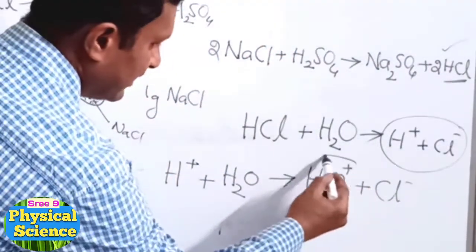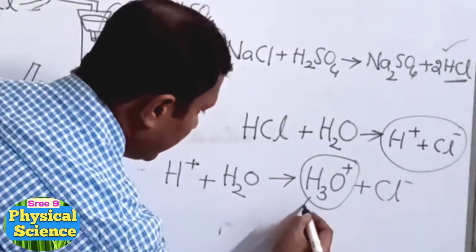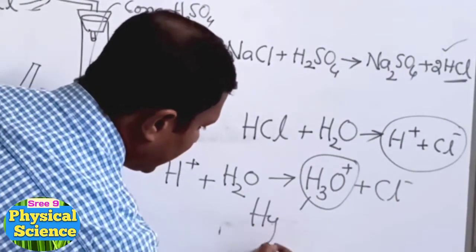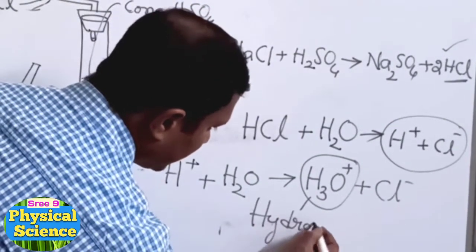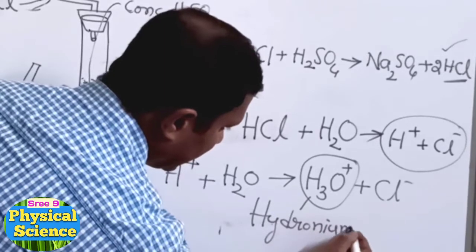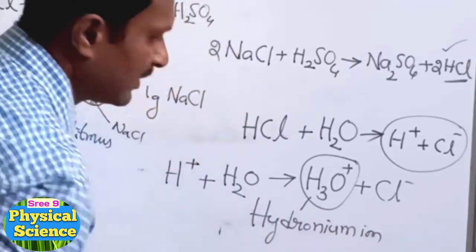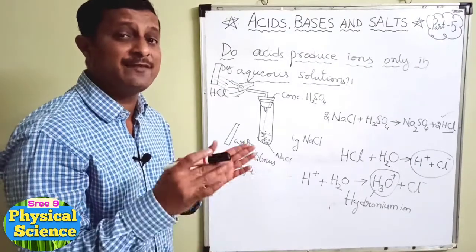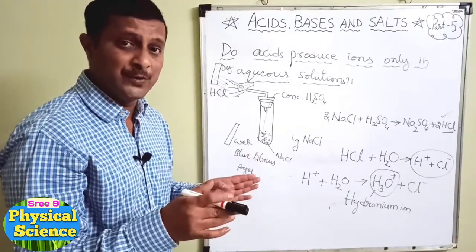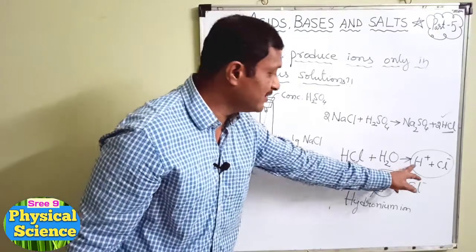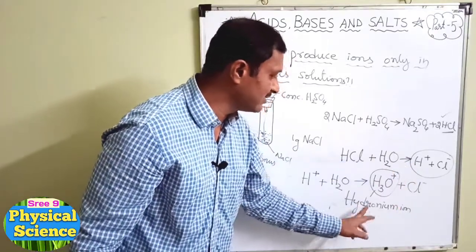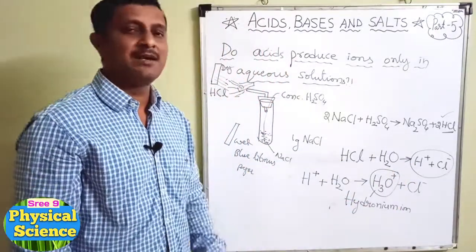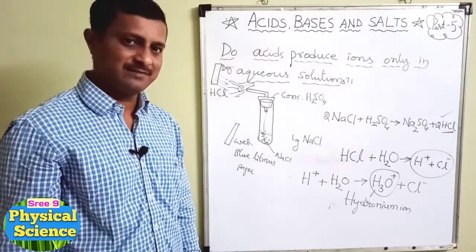This H3O plus ion is called the hydronium ion. So we conclude that acids in aqueous solutions produce H plus ions or H3O plus ions, that is, hydronium ions.